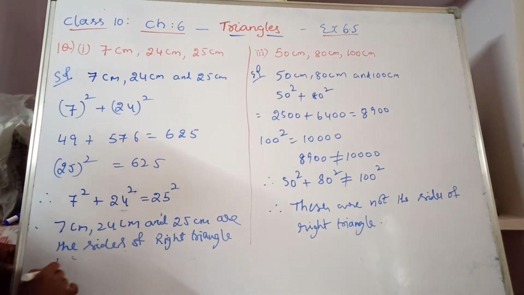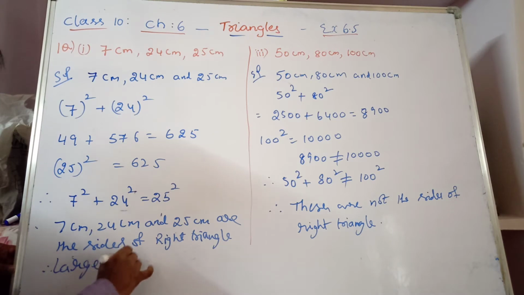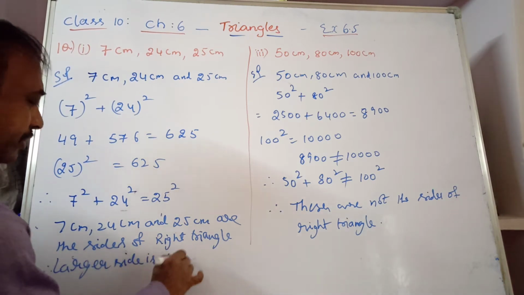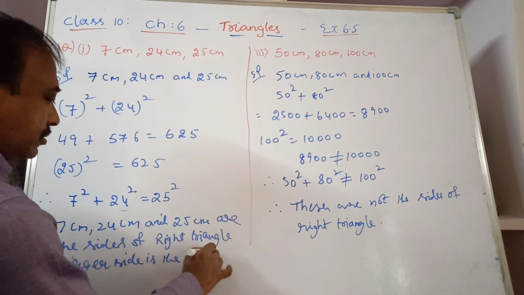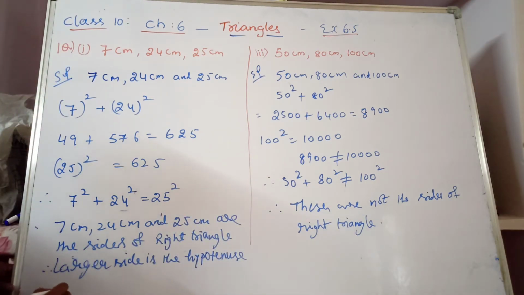Therefore the larger side is the hypotenuse, that is 25. Hypotenuse is 25. Is it clear? I hope you understood how to identify.